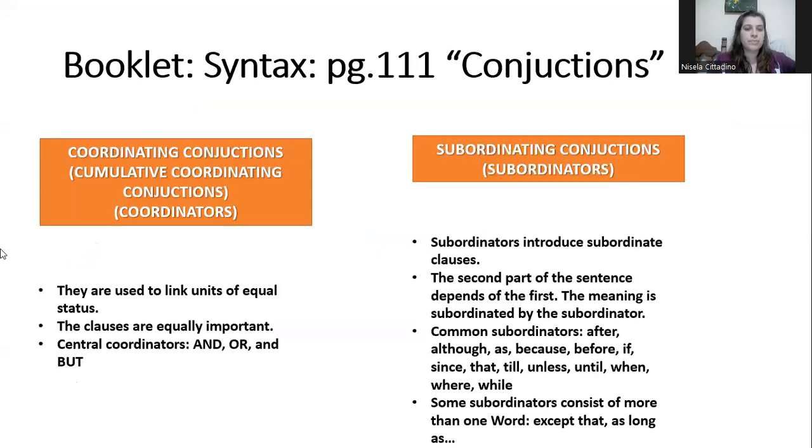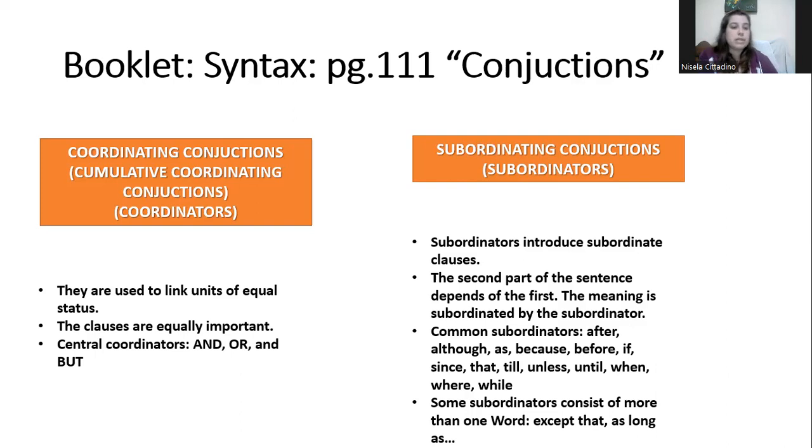On the one hand, we have coordinating conjunctions, also known as cumulative coordinating conjunctions or coordinators. And then we have subordinating conjunctions or subordinators. Coordinators are used to link units of equal status in a sentence.